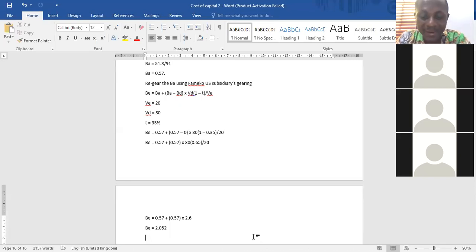The S&P 500 index is the proxy for the market as a whole. It's stated in the question that it is the proxy for the market portfolio.